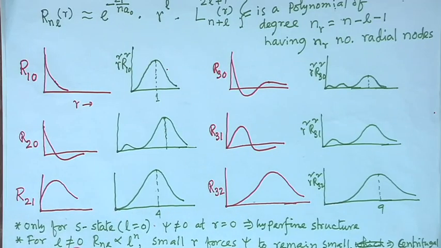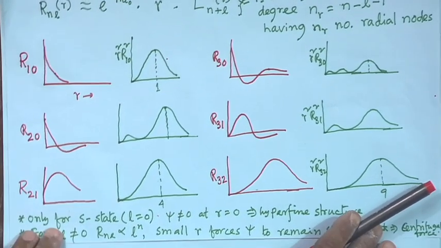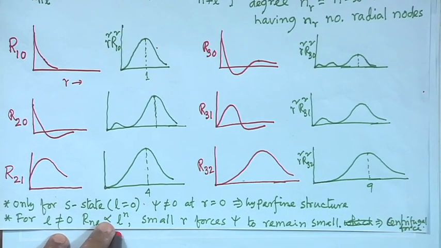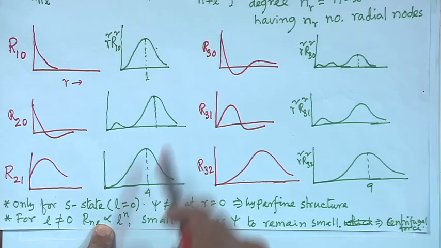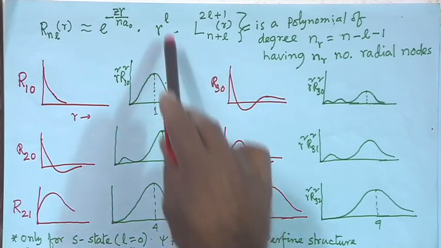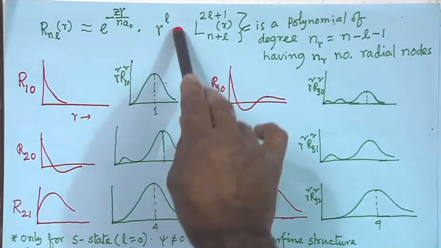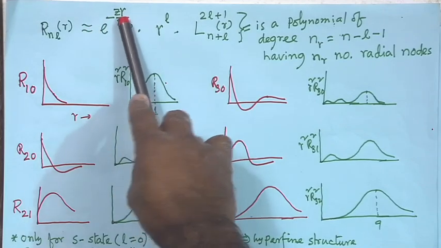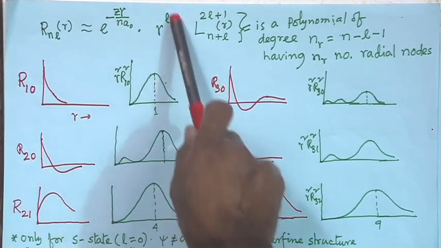For L not equal to 0, the radial function R_nl is proportional to r^l, because this term is there. When L equals 0, this term will not contribute, only the other term will contribute, but when L is not equal to 0, this term will contribute.